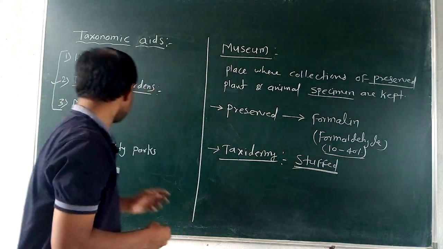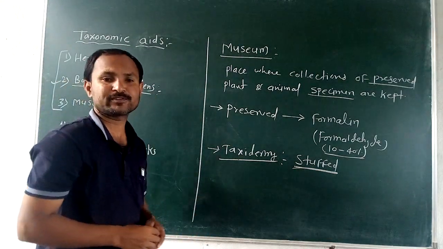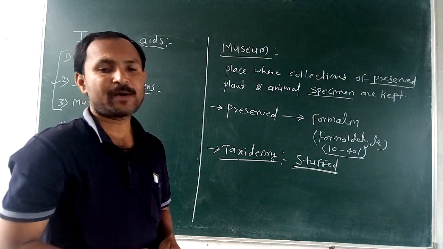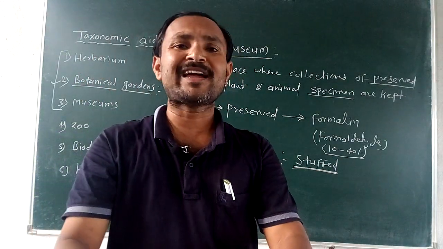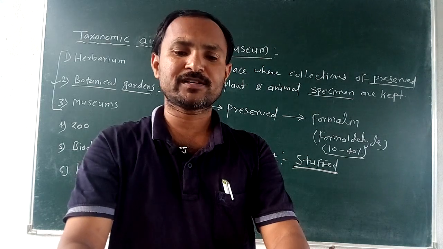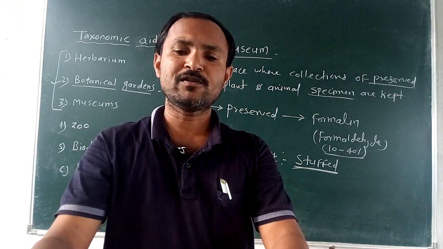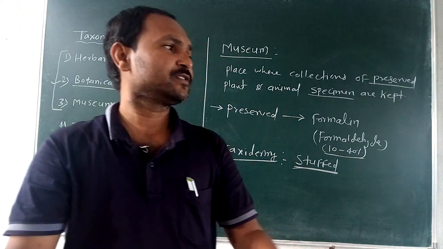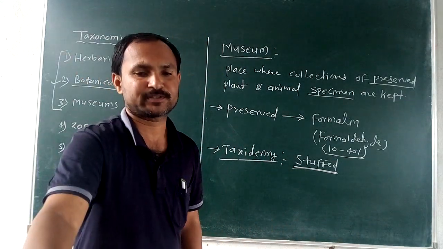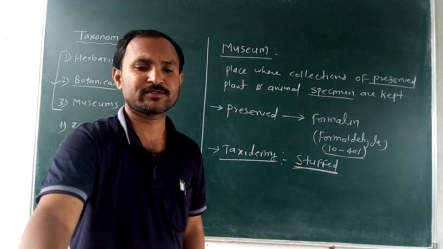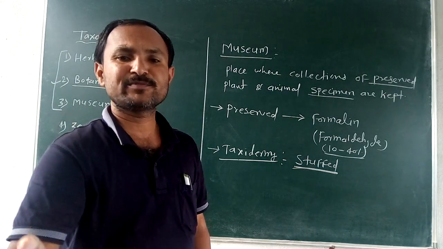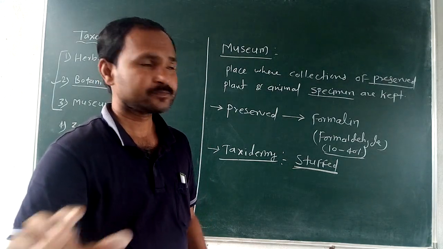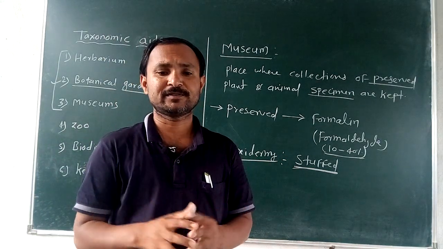Now the next one is the zoo. We call it the zoological park. In zoological parks we know that wild animals are kept. It is very interesting for the common person. In a zoo, wild animals are kept in captivity. Captivity means they are confined in a particular way.